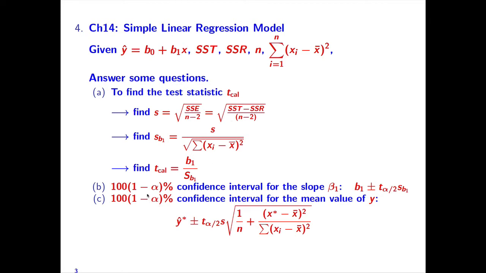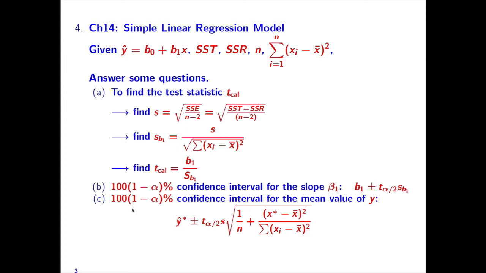Now, this 100 times (1 minus alpha) percent confidence interval for the true slope beta 1 is equal to b1 plus or minus t sub alpha over 2 times Sb1, and you can find Sb1 from this previous calculation.